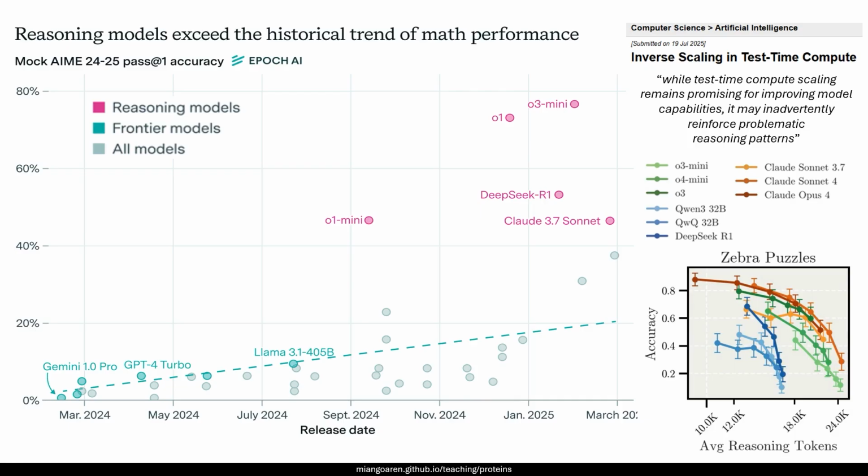But this does not necessarily mean that reasoning models are extremely good for any task, as is also investigated in another publication, where multiple puzzles are proposed, let's call them that in this case. It is one that they designed called Zebra. And then here we observe different reasoning models, and how many reasoning tokens these models are really investing to solve this puzzle.